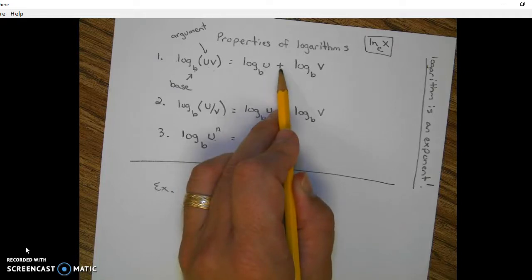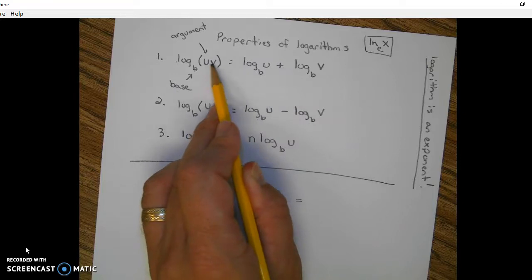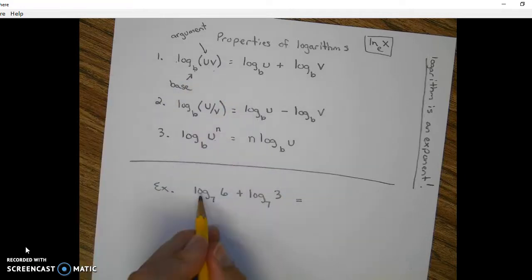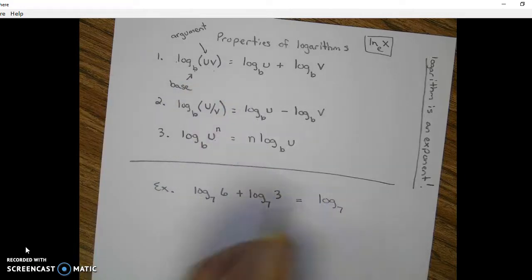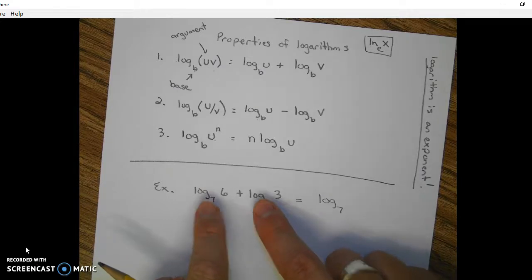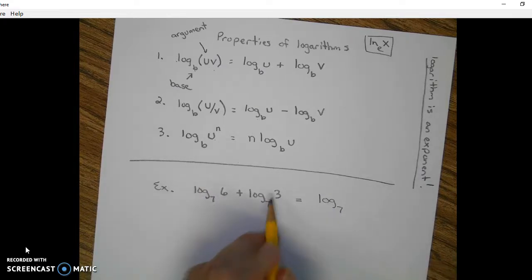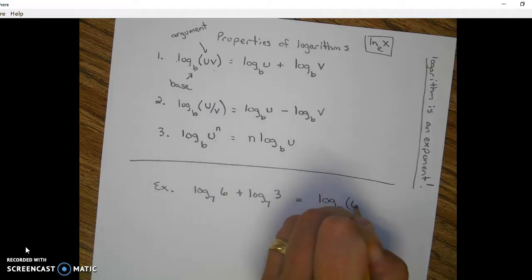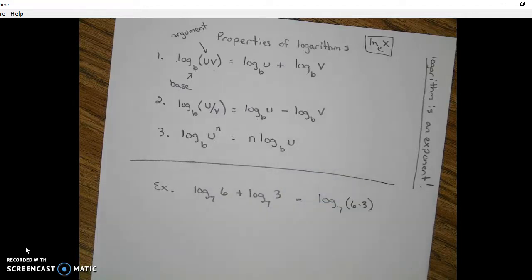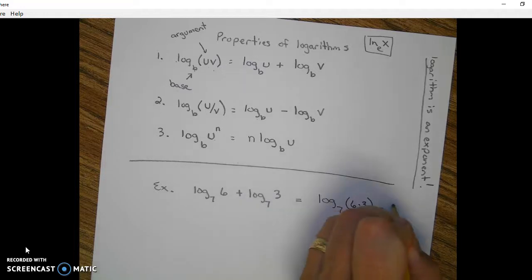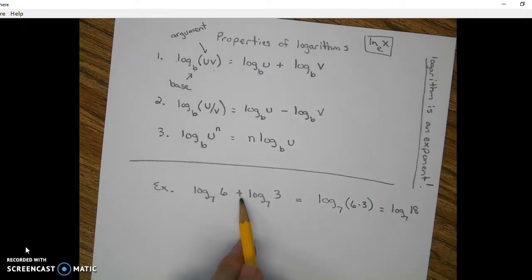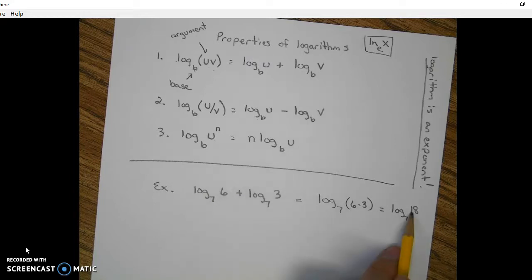To write it as 1 logarithm, we multiply the arguments together. So we're going to have log base 7, rewriting from 2 down to 1, multiplying the arguments together. That would be 6 times 3, and that would give us log base 7 of 18. So when adding logs, you multiply the arguments to condense it down to one logarithm.